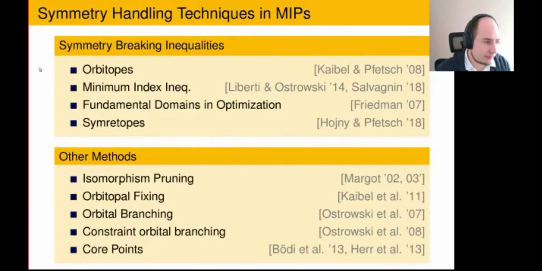The other methods are a bit more specific to the algorithm you're trying to use to solve your problem. For example, you can look at your branch and bound tree and try to avoid symmetric subtrees. I won't go into details of each of these, but you can see them in the slide.